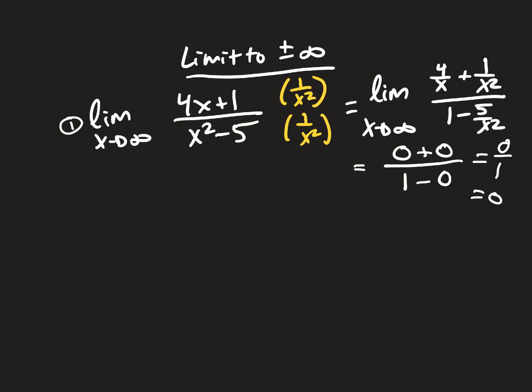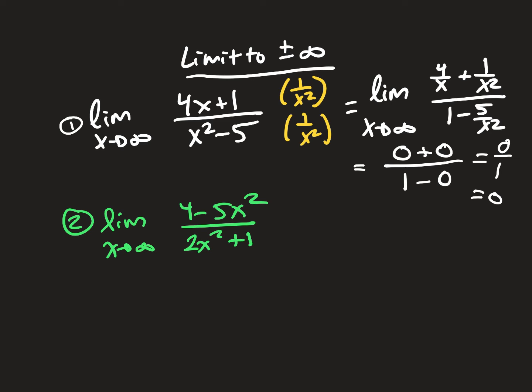What if I had this problem, limit as x goes to infinity. Let's do 4 minus 5x squared over 2x squared plus 1. So let's think about the same strategy, multiplying the numerator and denominator by 1 over variable of highest degree.